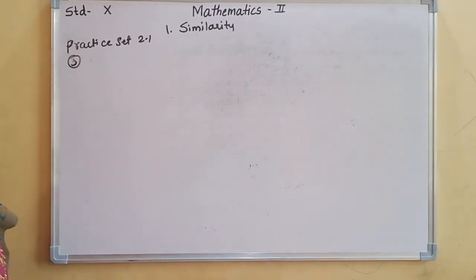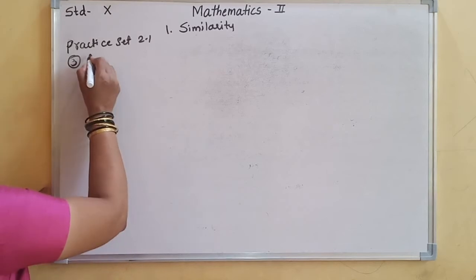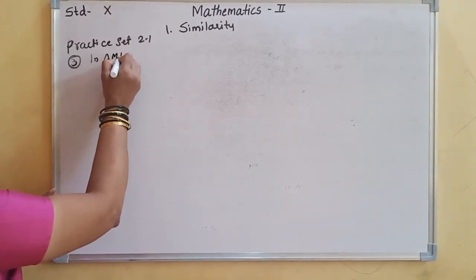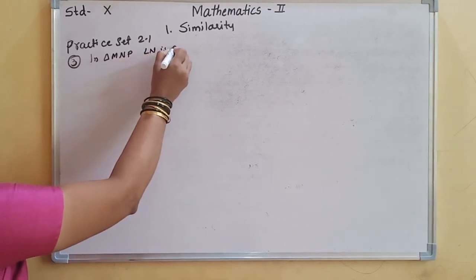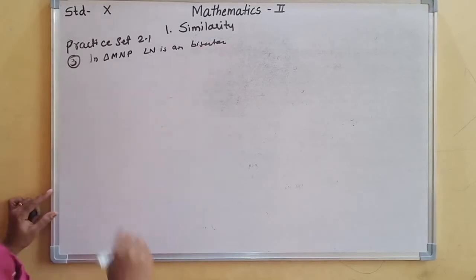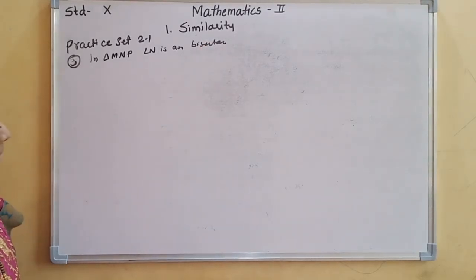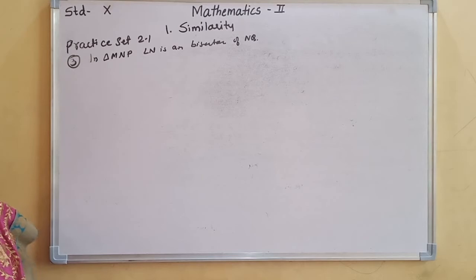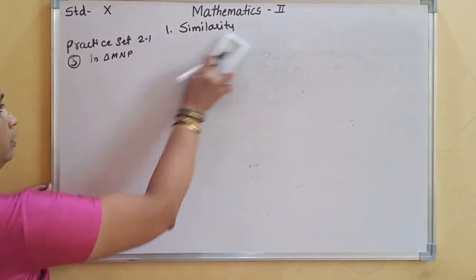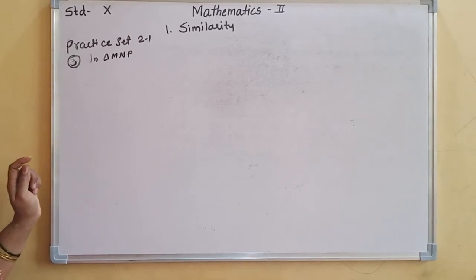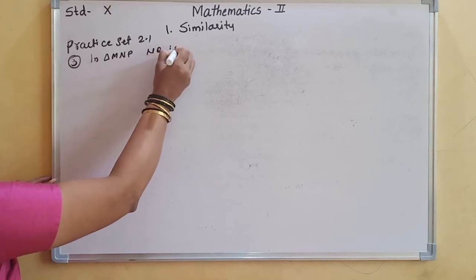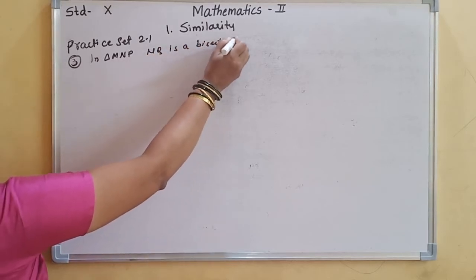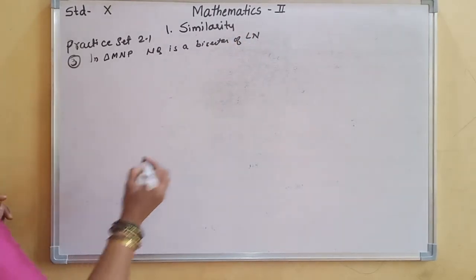Example number 3. In triangle MNP, it is given NQ is the bisector of angle N. NQ is a bisector of angle N. Now see how the figure is given here.